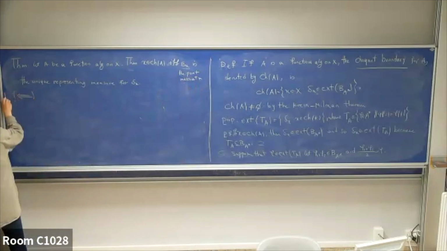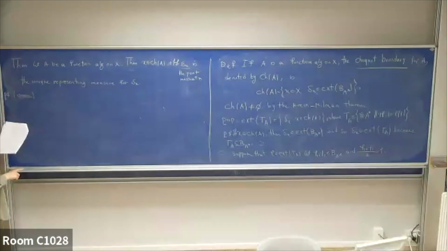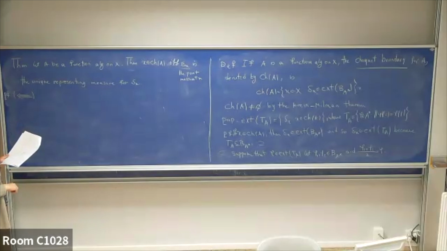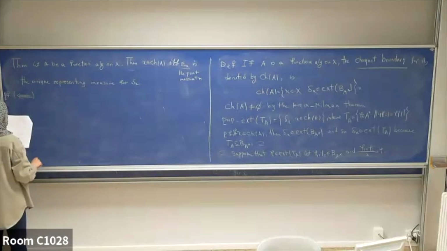For this part, assume that the only representing measure is the Dirac measure. And I want to show that delta x is an extreme point of the unit ball of A star.